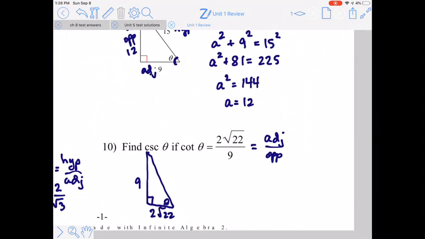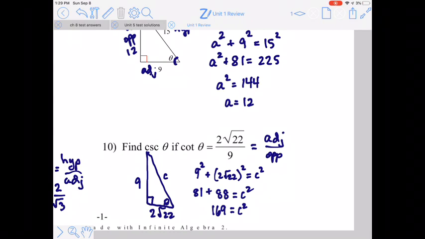So using that information, we need to find the hypotenuse, which is c. So 9 squared plus 2 square roots of 22 squared equals c squared. 9 squared is 81. 2 square roots of 22 squared would be 4 times 22, which is 88. 81 plus 88, 169.